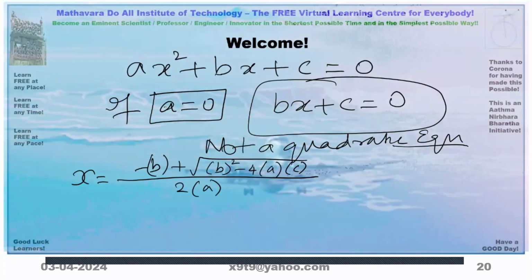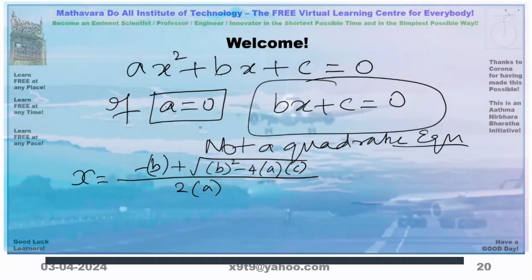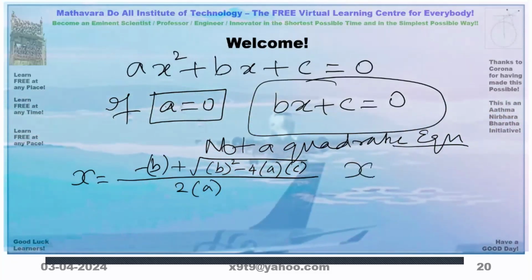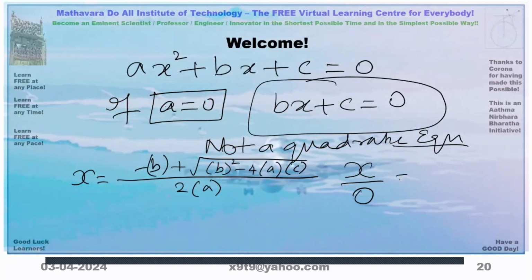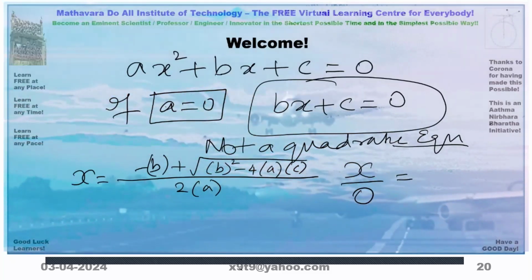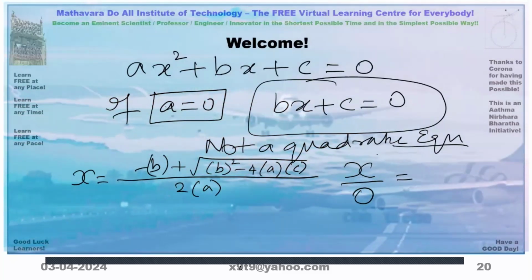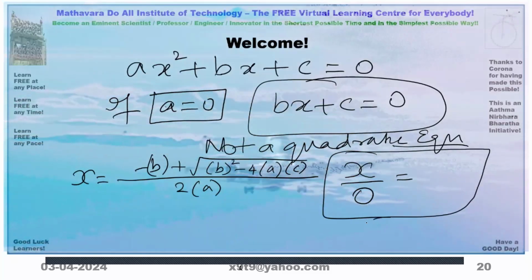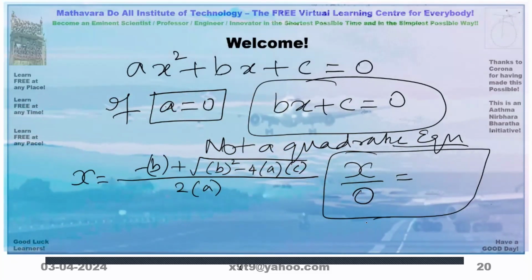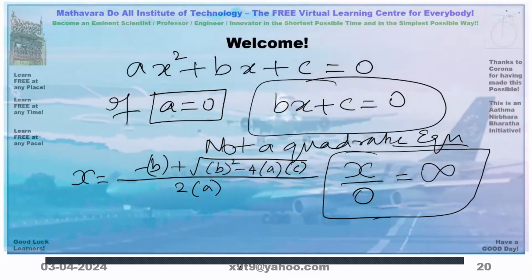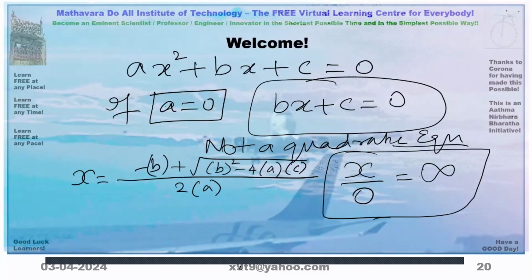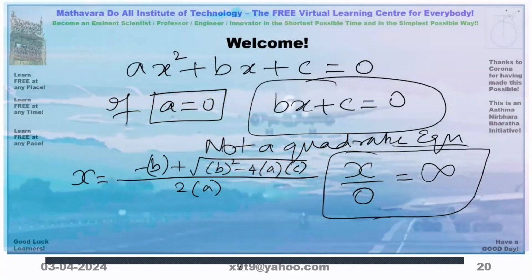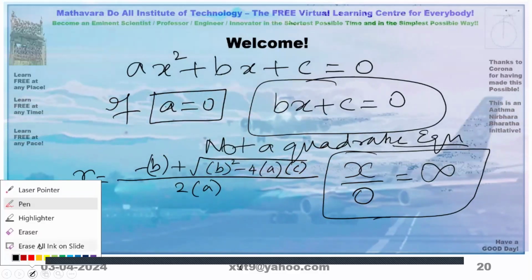Because this a becomes 0, denominator 0, you know. So we have already learned in another class, x by 0 is equal to what? Any number divided by 0, what will we get? I think it's undefined. So we call it as infinity. It is a very large number. So I gave the example also for that.